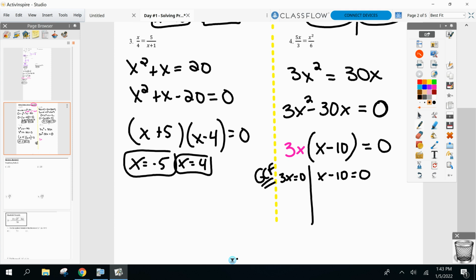So go ahead, solve for x. X equals 0, right? Divide both sides by 3. There's one answer, 0. And what do I get over here? X equals 10. Both my answers there.